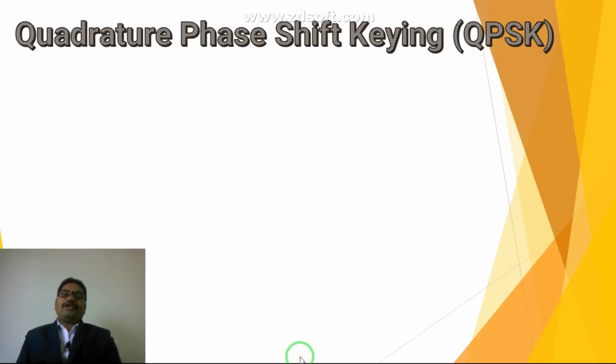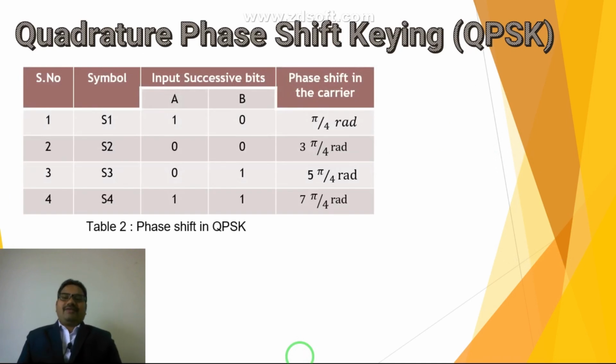Now we are going to see the alternate way of representing QPSK. Now we have seen the phase shift is of 90 degree. Now in this table, the four symbols are common. S1 represents the 10 pair, S2 is 00, S3 is 01, and S4 is 11.